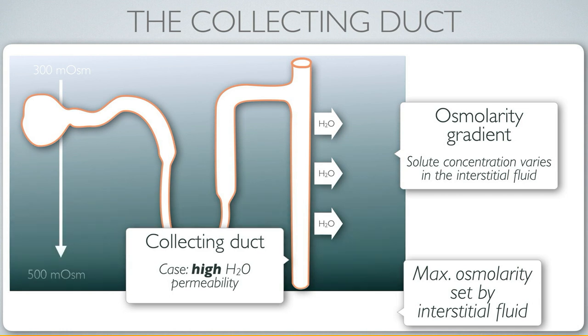And so if we consider the example where the osmolarity is lowered, so now instead of 1200 milliosmoles, we're at 500 milliosmoles, we retain that water permeability of the membrane. Now we're going to achieve a urine that has 500 milliosmoles because we essentially can't concentrate it any further, because we're stuck at 500 milliosmoles in the interstitial fluid.